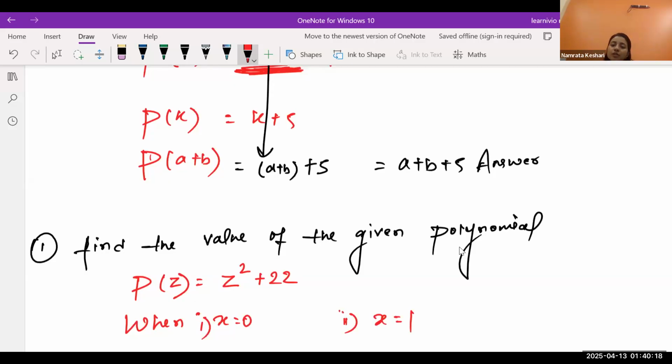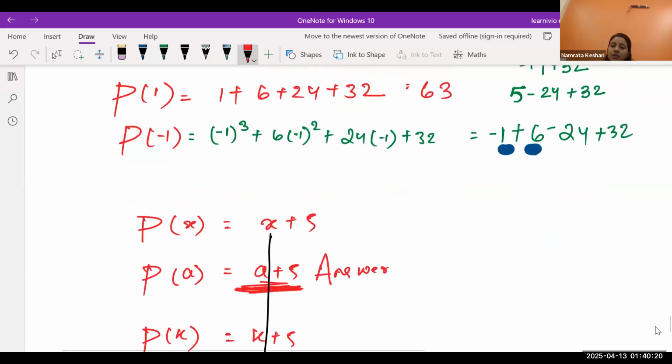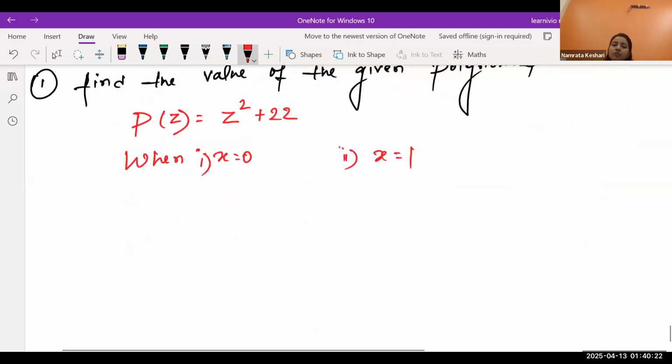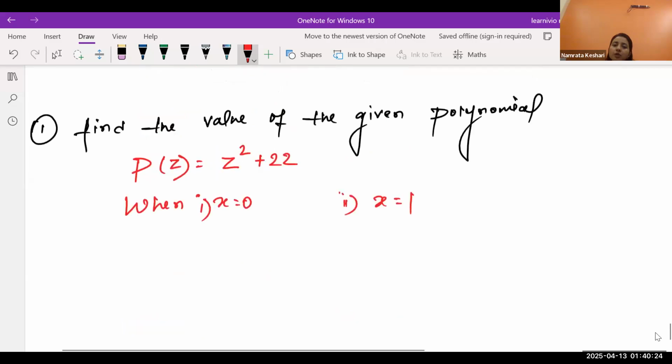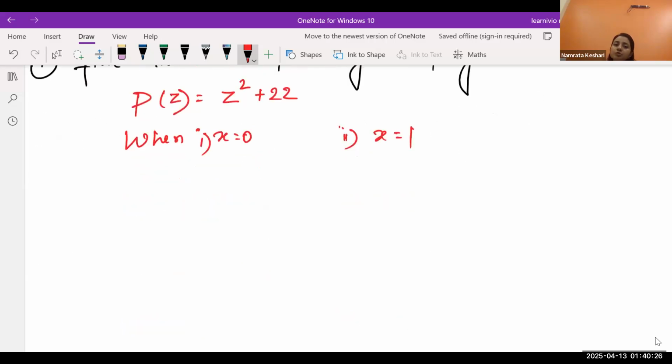So basically whatever you have learned, that if p of 0 is asked, then what to do, if p of 1 is asked, then what to do, same thing we are supposed to do over here.